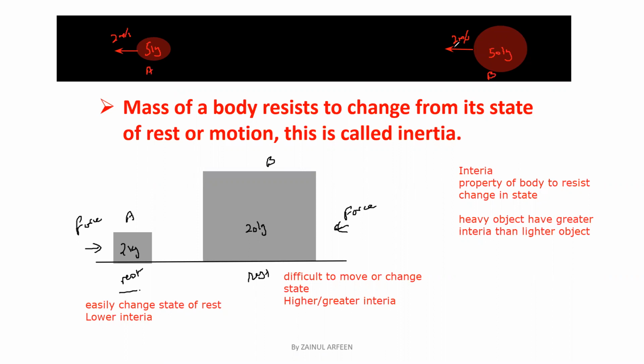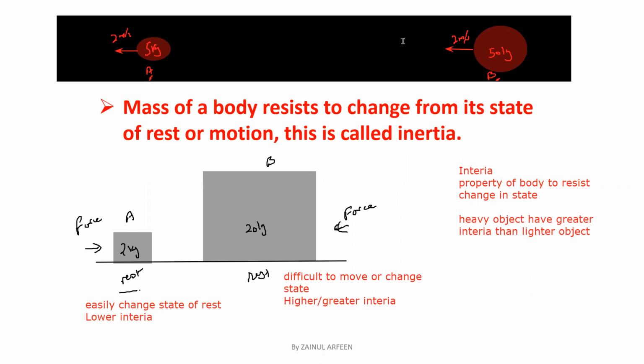Two objects, one has a mass of 50 kilogram moving with a speed of 2 meters per second, another object has a mass of 5 kilogram moving with a speed of 2 meters per second. The 5 kilogram one is object A and the 50 kilogram one is object B. The question is, which object is difficult to stop? So B is difficult to stop.